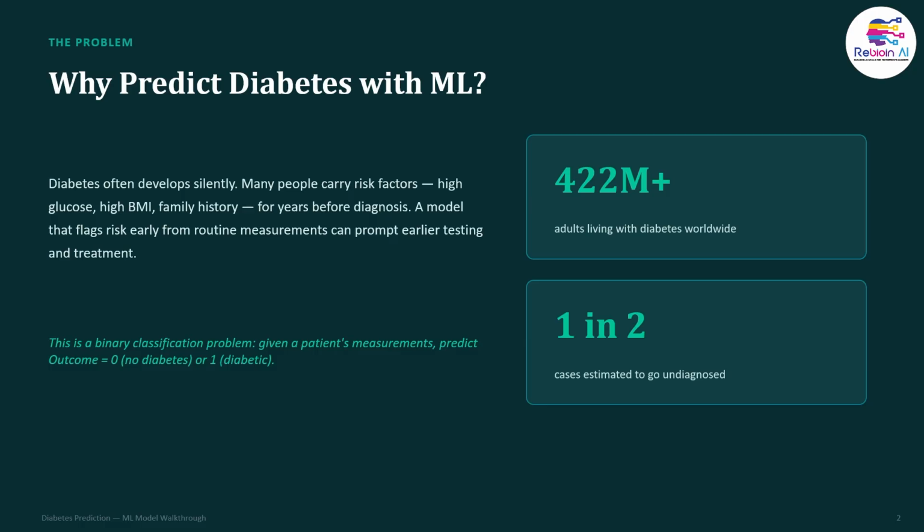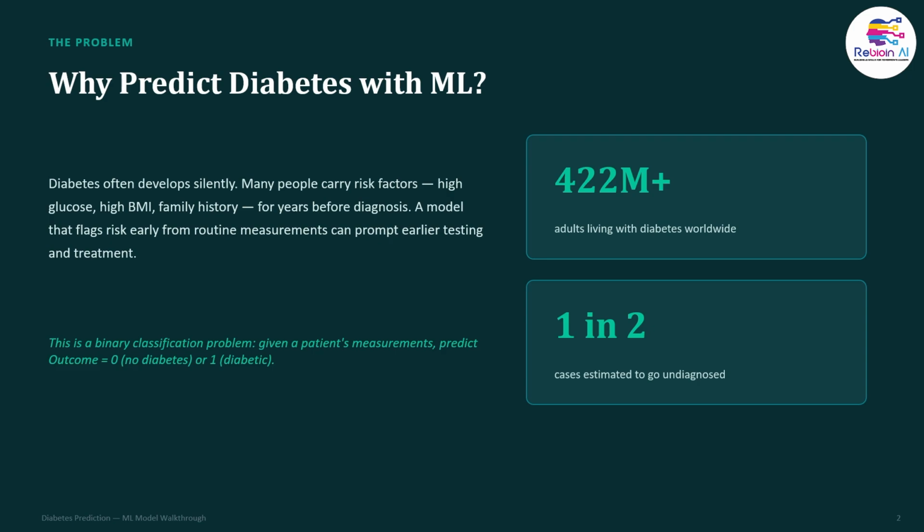Worldwide, over 422 million adults live with diabetes, and it's estimated that roughly one in two cases go undiagnosed. And guys, these are the real figures.